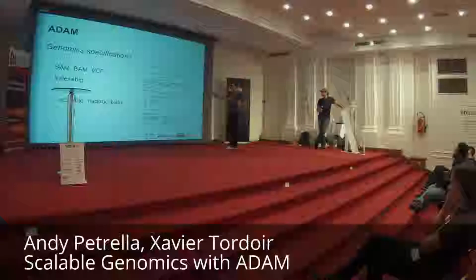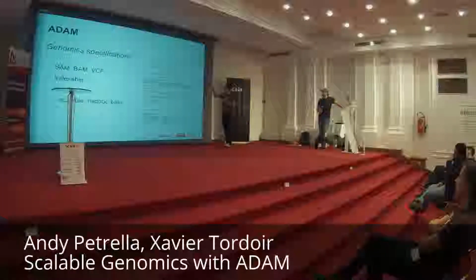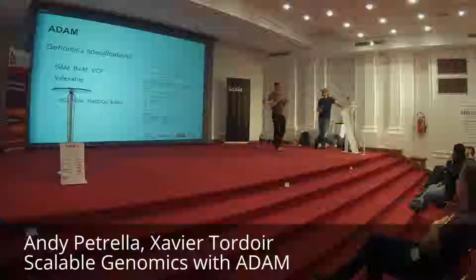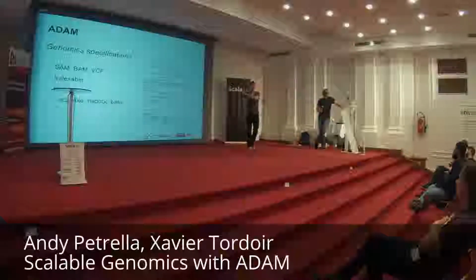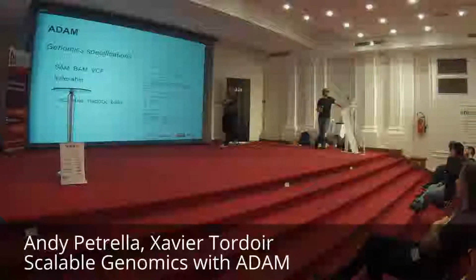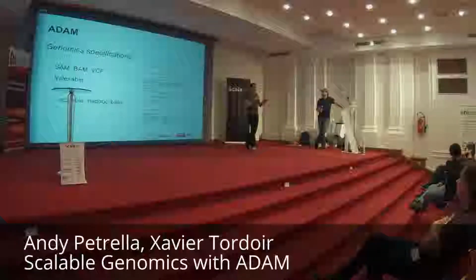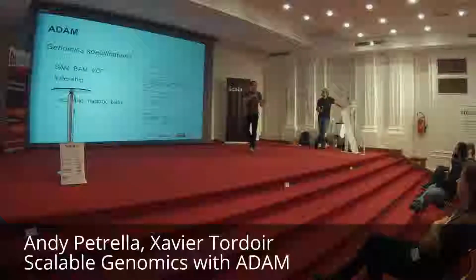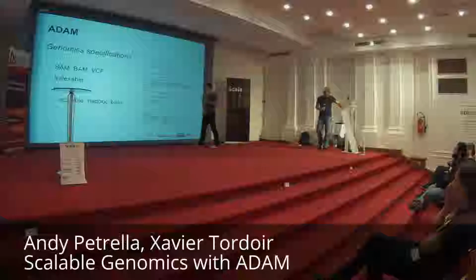And there are such standards: SAM, BAM, VCF. There are strategies to index those files, so that's not that bad, but you rely on people developing libraries in order to be able to use that specification. Several teams are doing the job, that's okay, but you may have some instability because some libraries will not support all features, so it might be a bit hacky to get the job done.